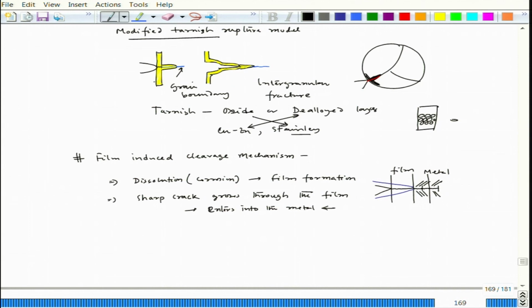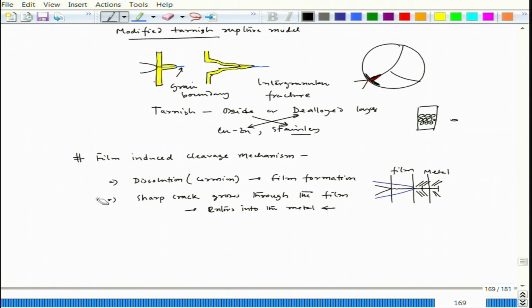It is basically film leading to sharp crack growth, a little bit of crack growing into the metal, and then it stops due to blunting or plastic deformation at the crack tip, and then the film formation happens again. So, this is the cycle.